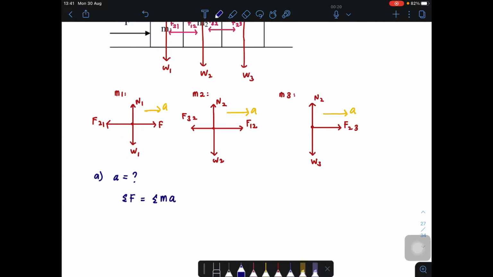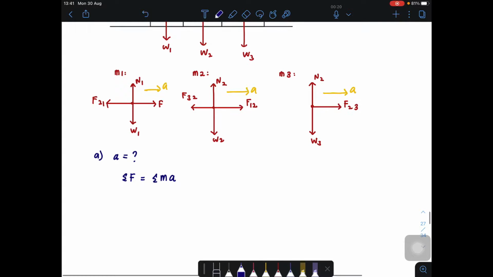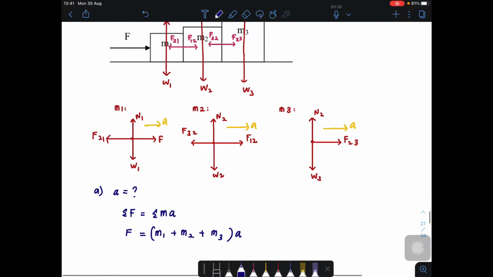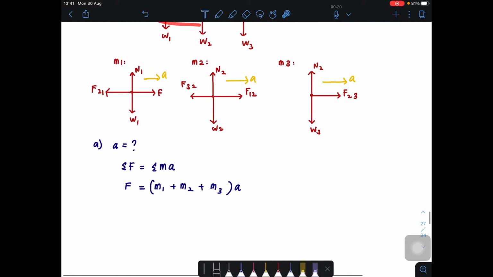So 30 Newton is equal to, let me put it like this, F is equal to M1 plus M2 plus M3, times A. Since they are all in contact with each other, they will have the same acceleration.